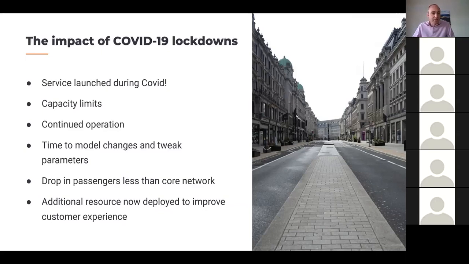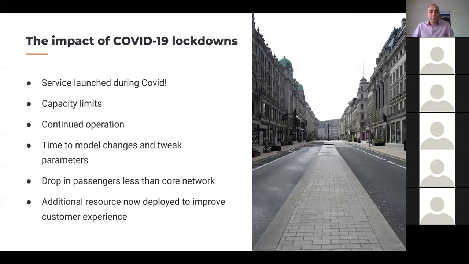And that has been good, because there's been a number of tweaks we've made to various elements of it that have increased our ability to carry more people during the course of the operating day. For instance, we've made changes to the booking window and the flexibility in terms of people's requests for pick up and drop off times, which just creates more capacity within the service.